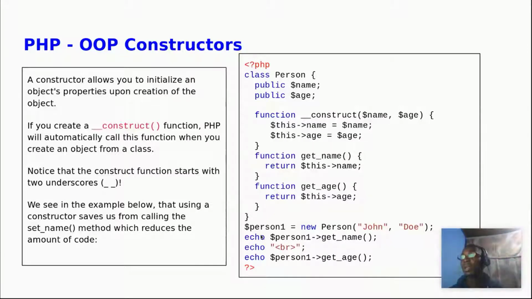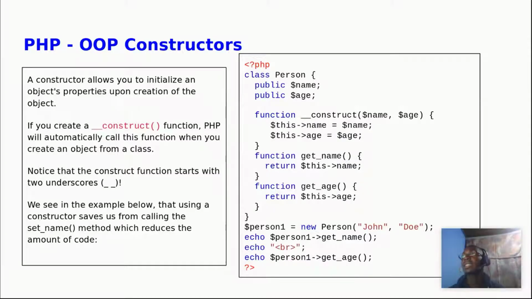And here you see that your code is now shorter, you no longer write chunks of code. So the constructor helps you to firstly initialize some values when you instantiate your class, and it also helps to reduce the amount of code you write.